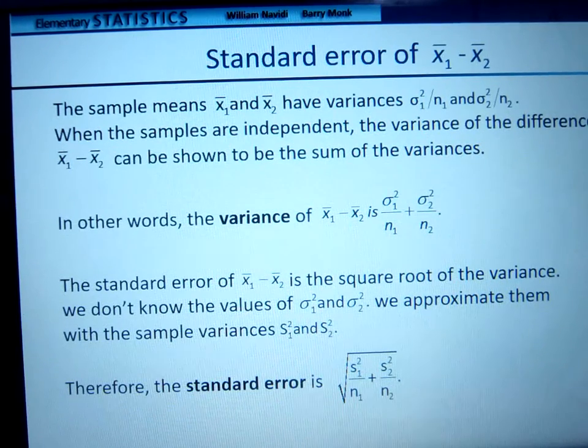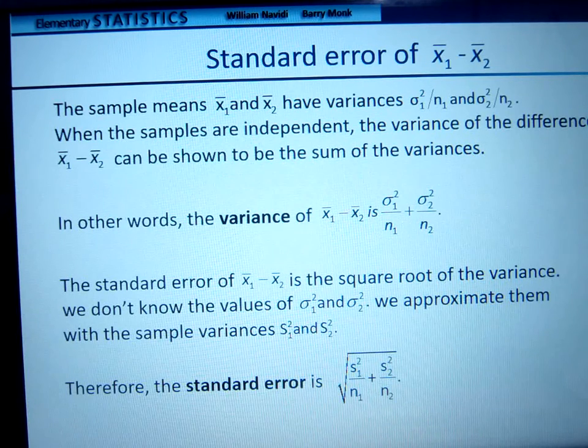So the sample means x bar sub 1 and x bar sub 2 have variances, which are the variance of the population divided by n sub 1, which is our sample, and the variance of the second population divided by n sub 2, which is the number in our sample. So when the samples are independent, the variance of the difference can be shown to be the sum of the variances.